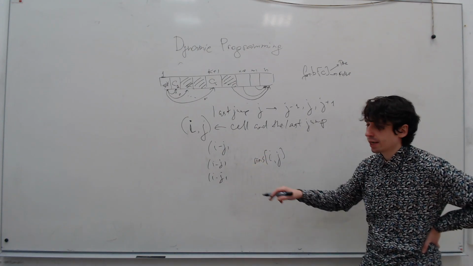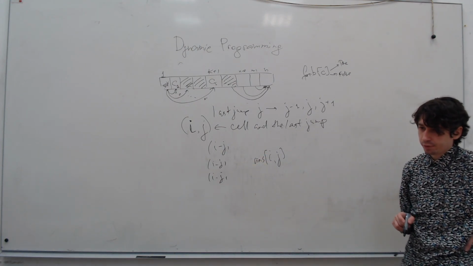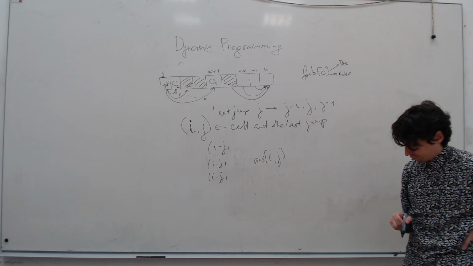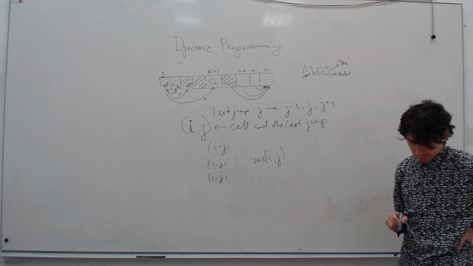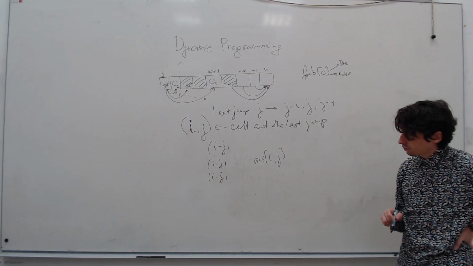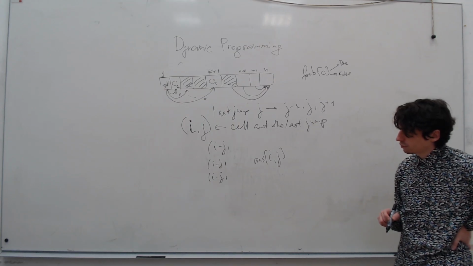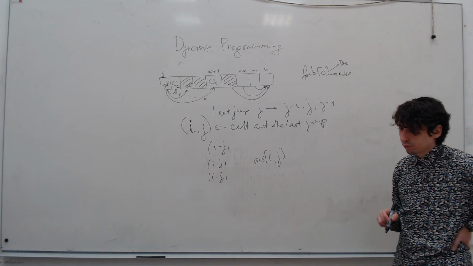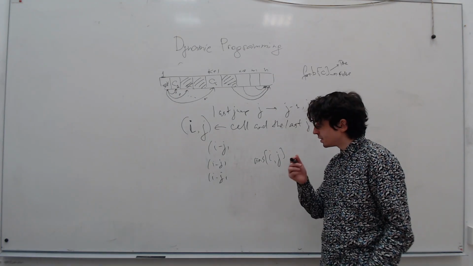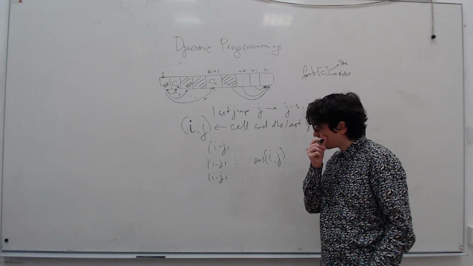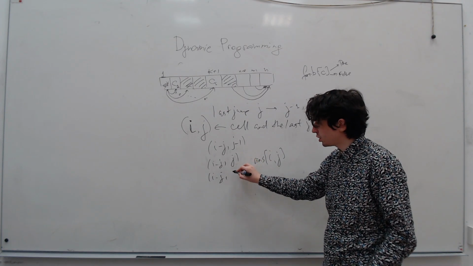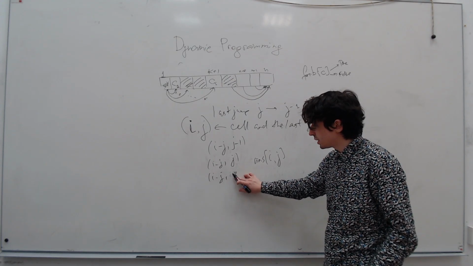What is their second parameter? The second parameter is j minus 1, j, and j plus 1. Yeah, that's simple.